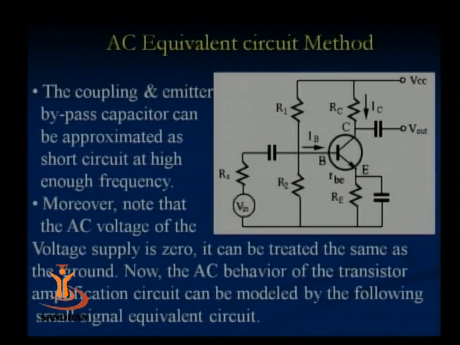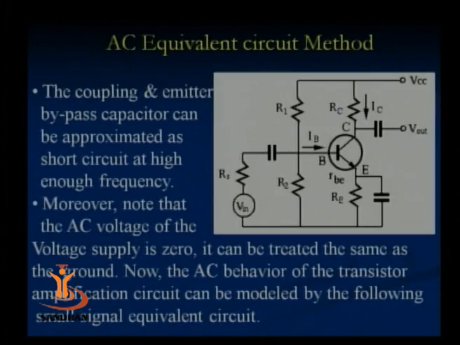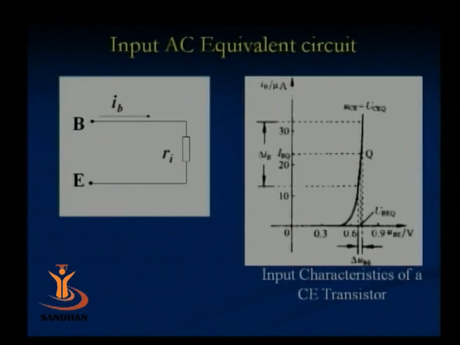And we come to a circuit like that. Now at the input between base and emitter, if we neglect the DC sources, since we are interested in AC analysis, we find that a small resistance appears between the base and emitter. If you take the input characteristics, it is just like a PN junction diode.